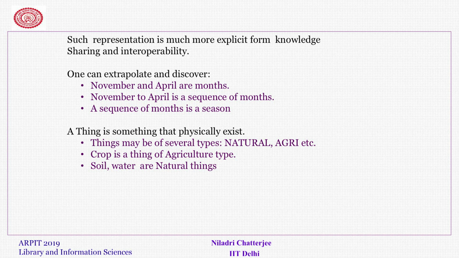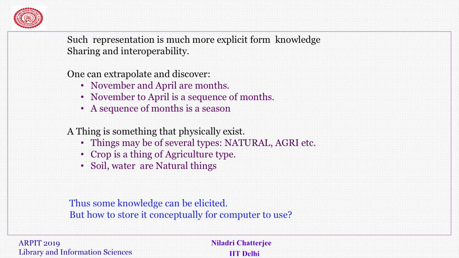Say for example, crop is a thing of agriculture type, while soil, water, etc. are natural things, and thus from such a small piece of text we can acquire so much knowledge which is going to be useful if we want to design a system for agriculture in India.